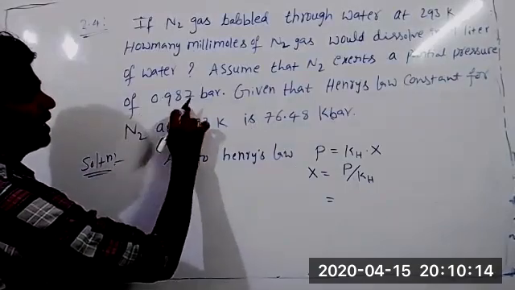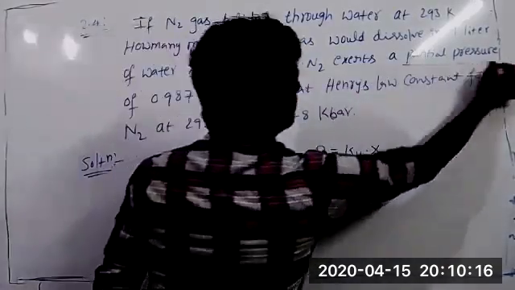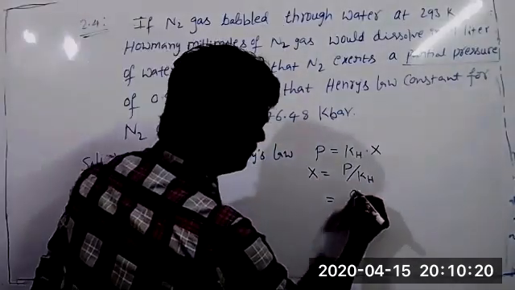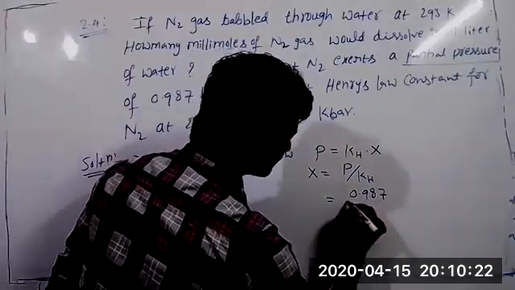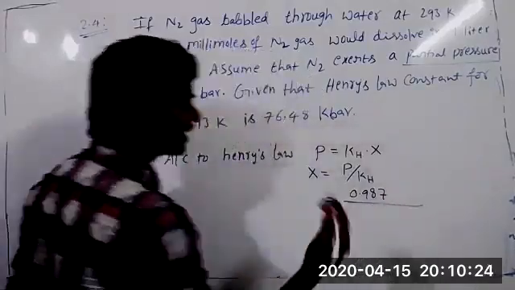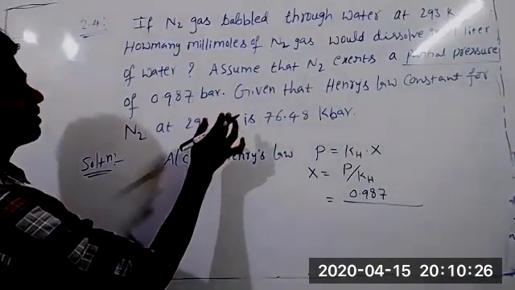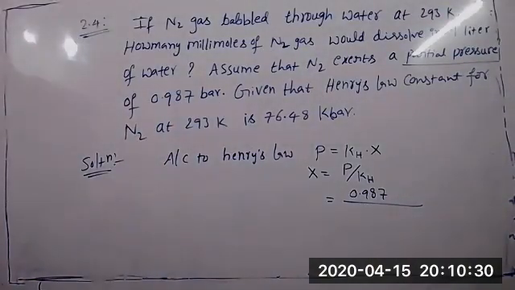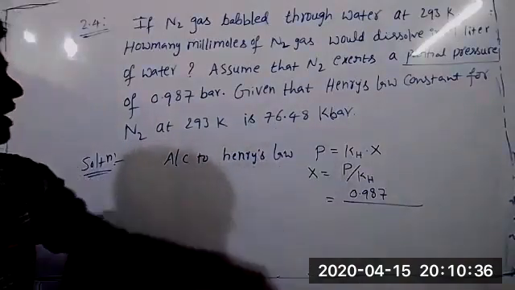Partial pressure is 0.987 bar, given only in bar, not in kilobar, while KH is given in kilobar.